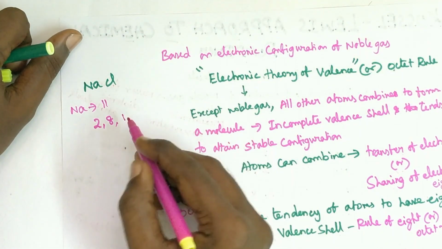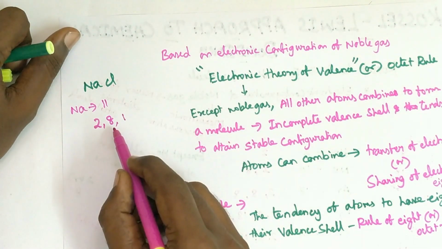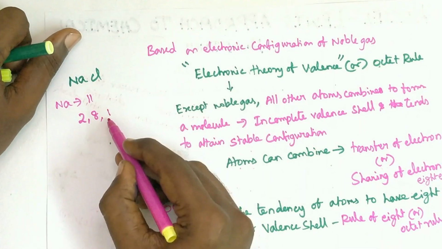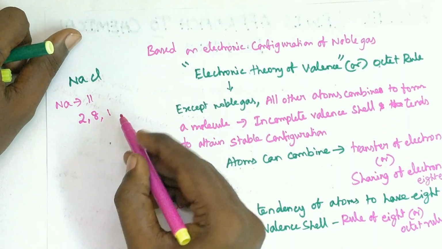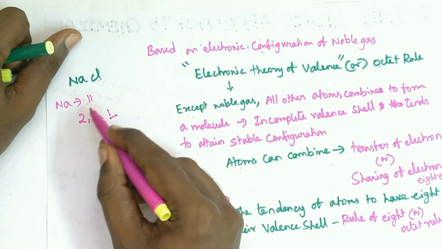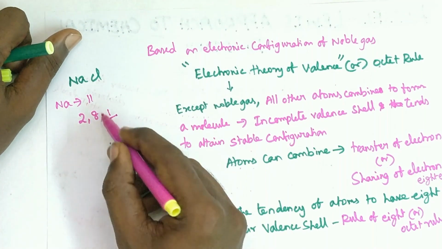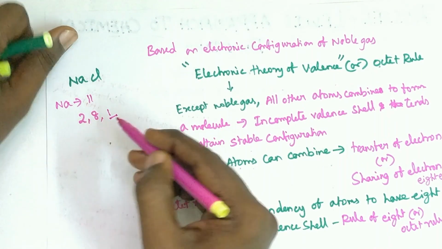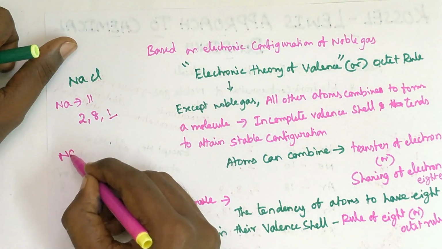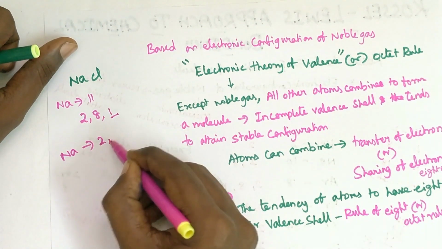So sodium, to attain the stable electronic configuration of octet, has the tendency to lose 1 electron. That means when this 1 electron is lost, the outermost valence shell automatically attains a stable octet configuration. So sodium becomes 2,8.